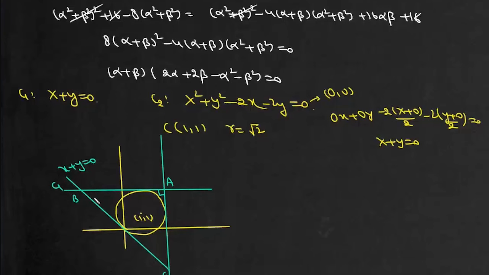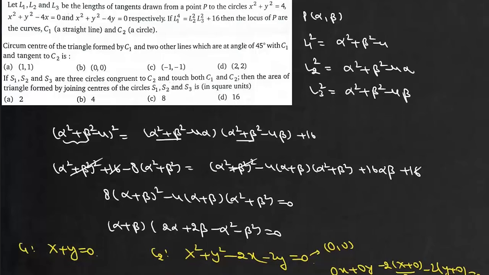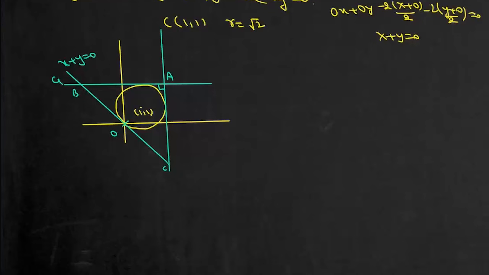Then basically it is midpoint of BC. So this is midpoint of BC, which is circumcenter of this triangle ABC. And clearly midpoint of BC is at origin. So circumcenter of this triangle ABC is origin, and that's your option B. We can work this out also.